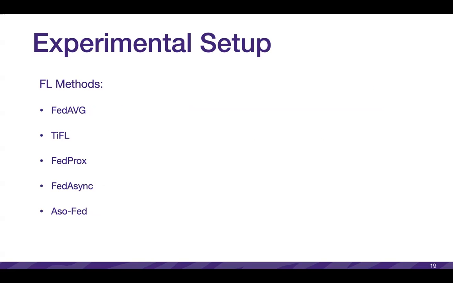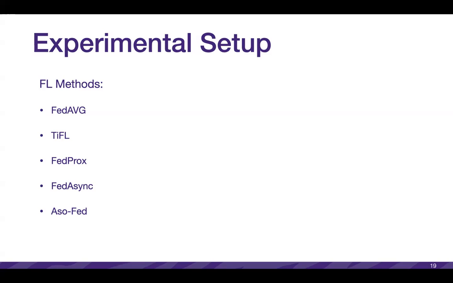The second method, TiFL, is also proposed by the authors. It means we can divide all of the clients into some tiers, and in each communication round, we can select the clients from the same tier to reduce the straggler problem. And in FedProx, the local clients can train a local model.